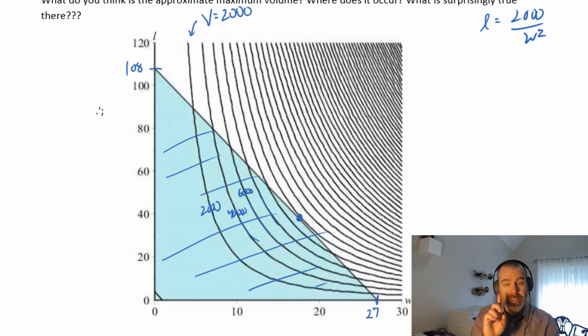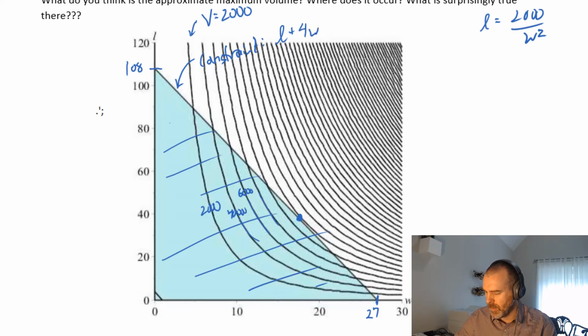Okay, now here's the second big thing. What is going to be true about the level curve and this constraint here? This constraint is when the length plus the girth, which would be 4W, is equal to 108.